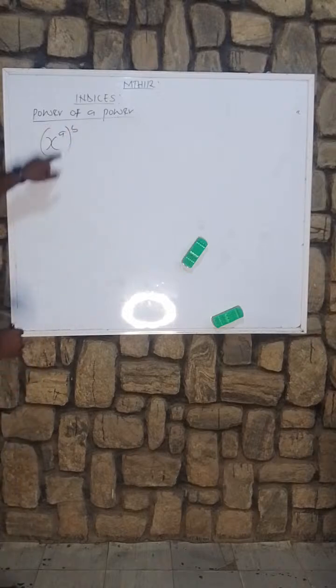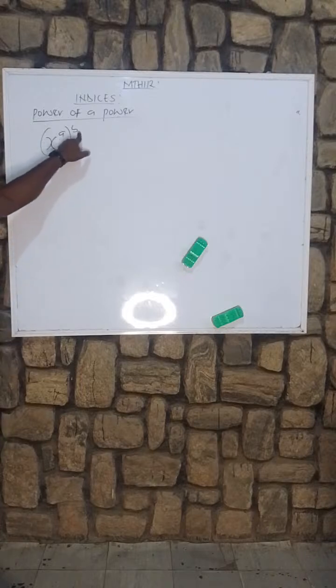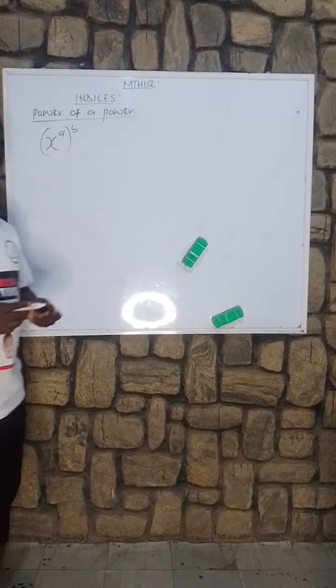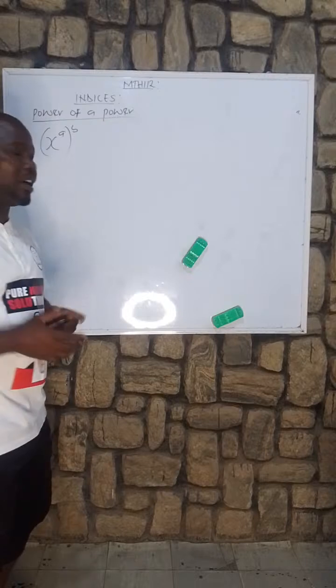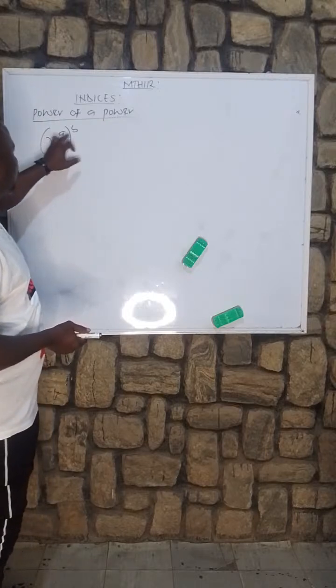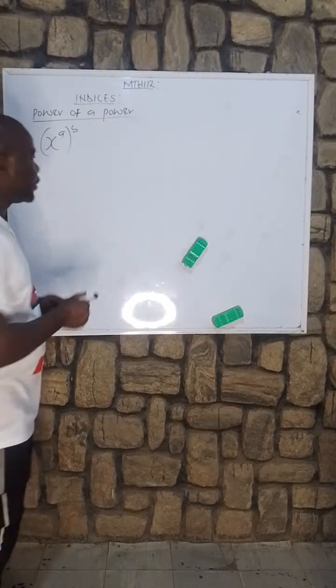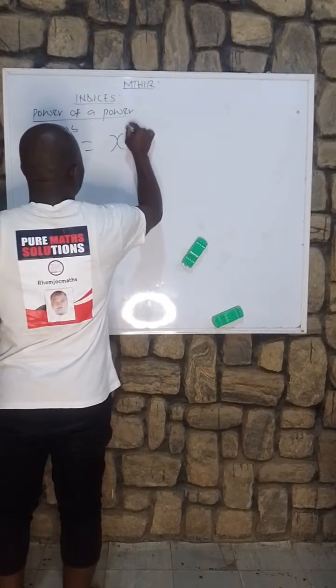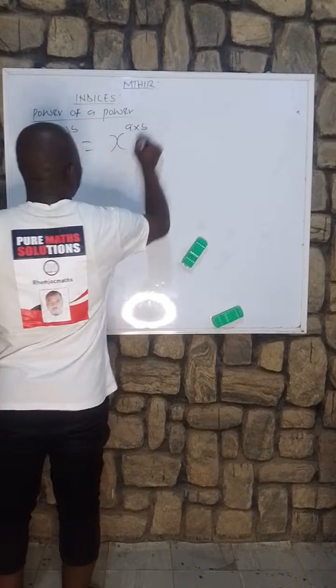You can now see that this is a power and this is another power. So when you come across expressions of this form, what you need to do is to multiply the powers. So this will now be equal to x raised to the power of a times b.